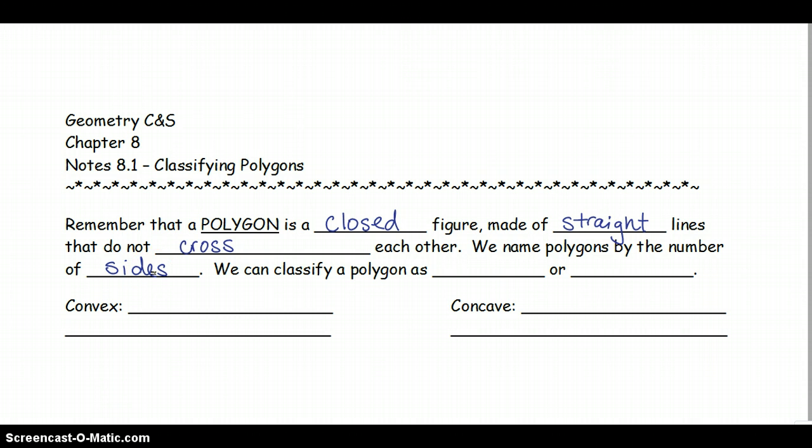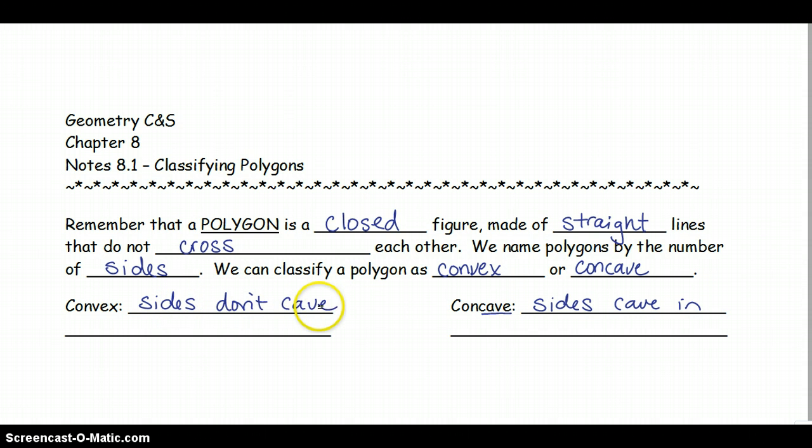We can classify a polygon as convex or concave. If you remember when we did this before, concave has the word cave in it, which means that the sides kind of cave in. And then convex doesn't have the word cave, so the sides don't cave in. And I'll show you an example.